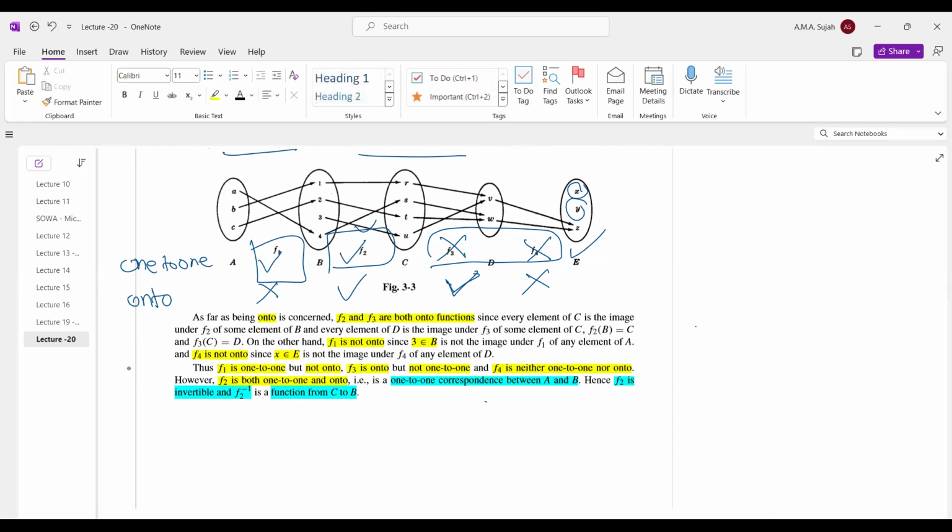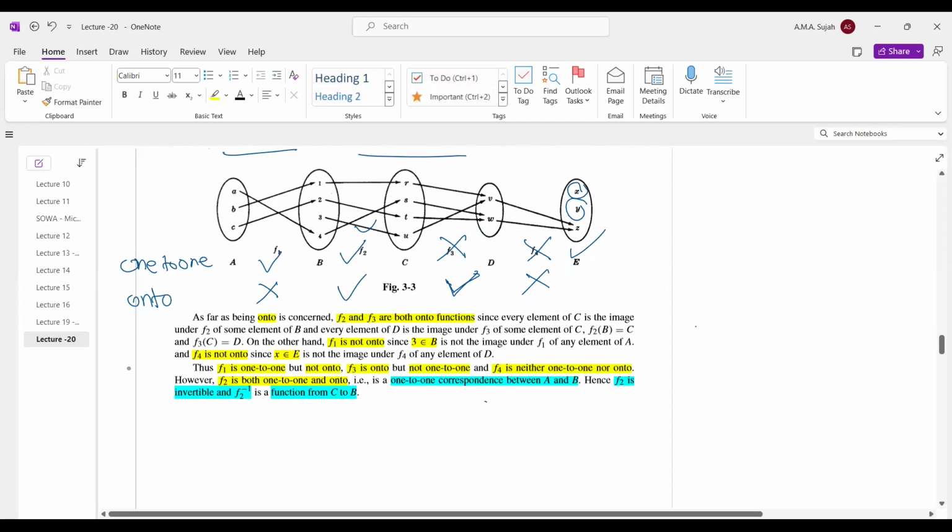Okay, now tell me which functions have an inverse function. For a function to have an inverse function, first it must be one-to-one and onto. So depending on that, only function 2 has the inverse function, right? Did you get my point?